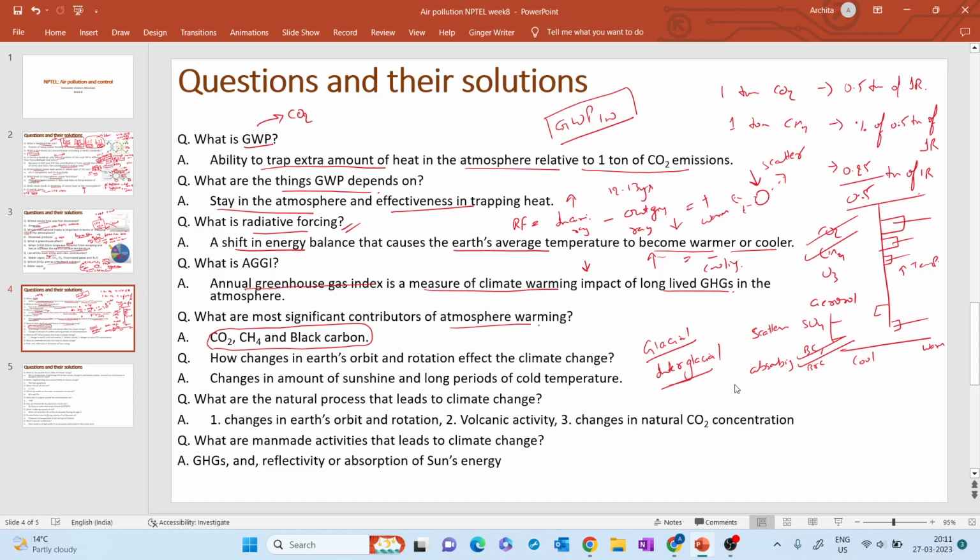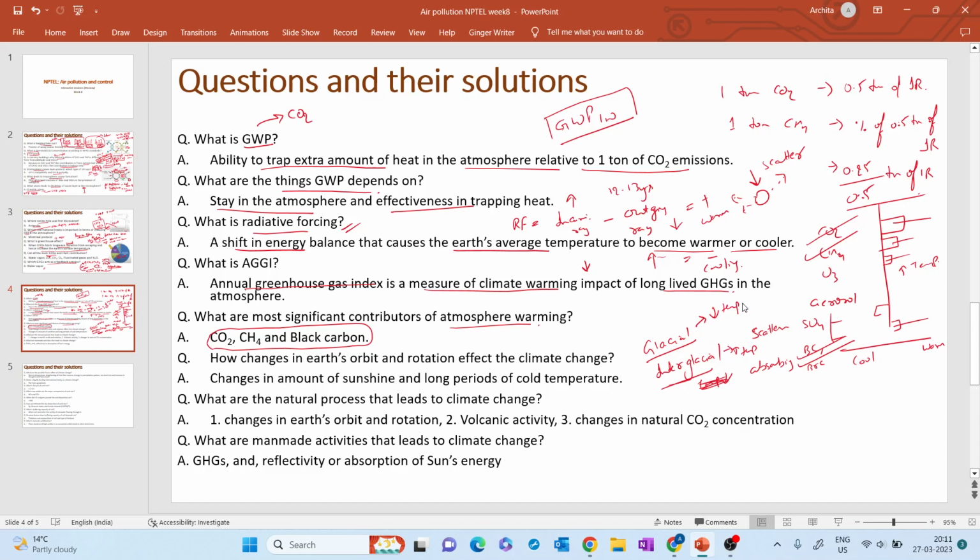Interglacials are when the temperatures are high. Sorry, the temperature is high in interglacial because it's warm, and in glacial there is low temperature.